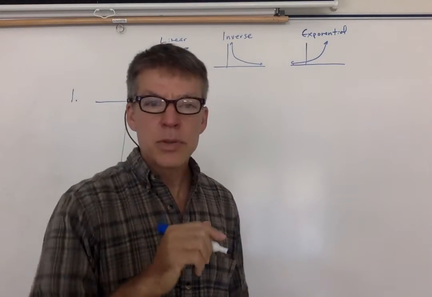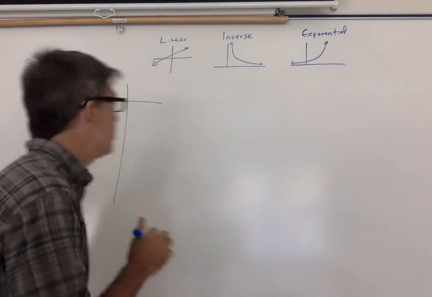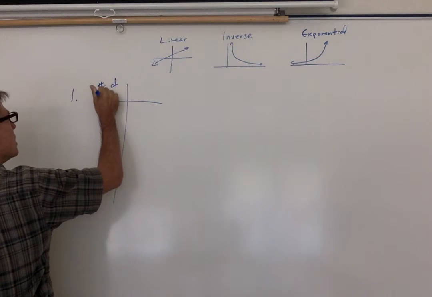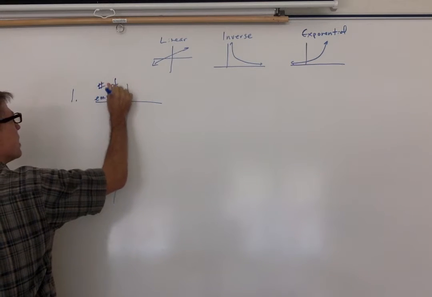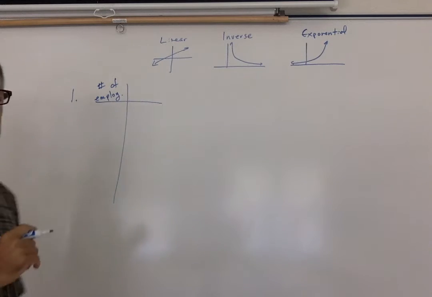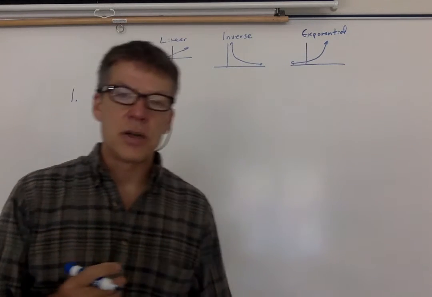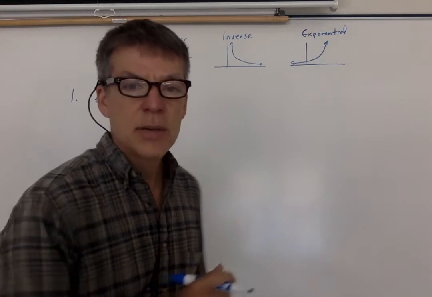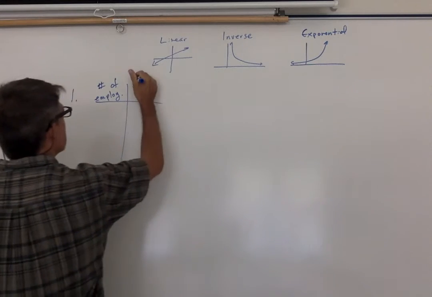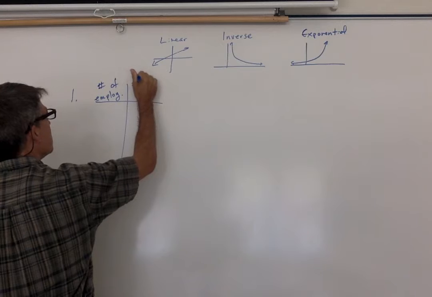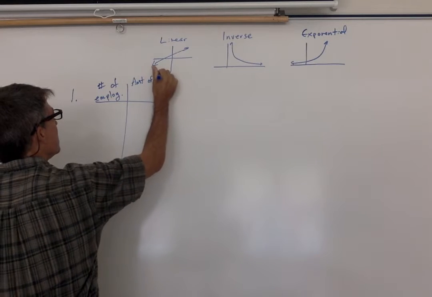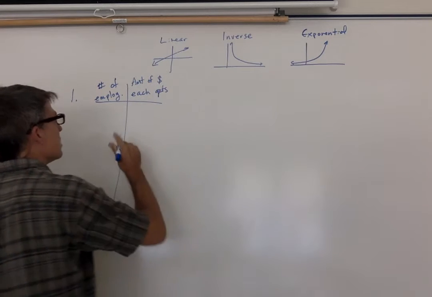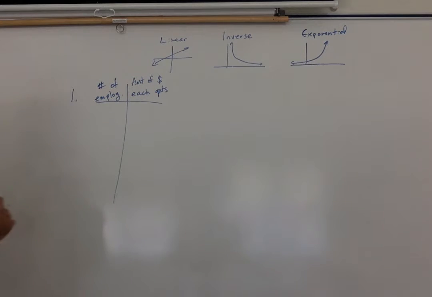So my independent variable is how many employees there are, number of employees. I'm just going to abbreviate here, okay? Number of employees. And my dependent variable, so that's the y, okay? That's the output variable. That is how much money each gets. So amount of money each gets. Again, I'm abbreviating.